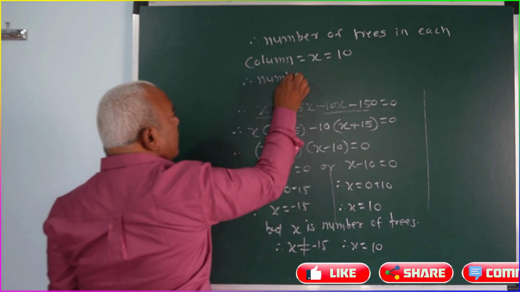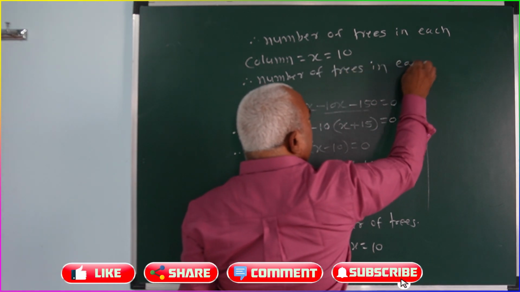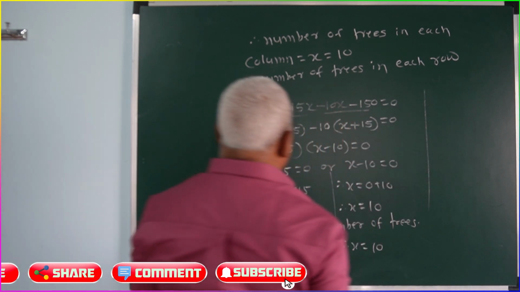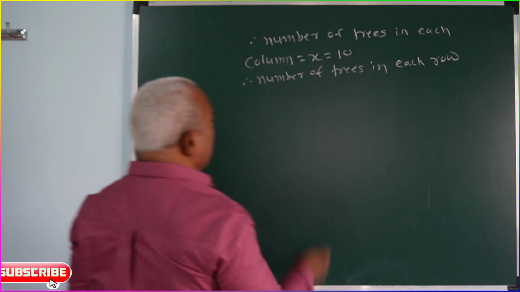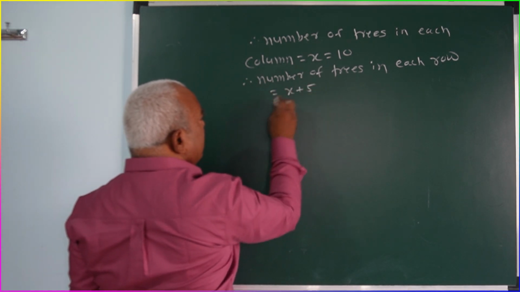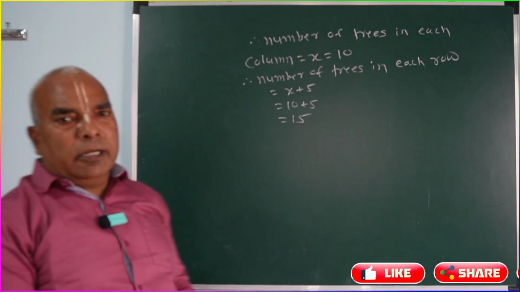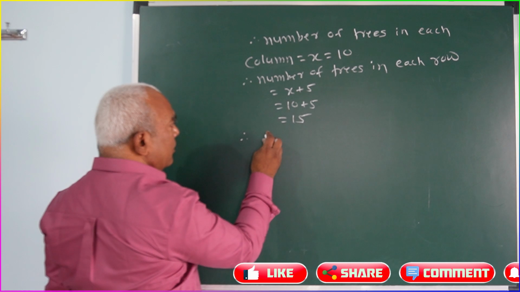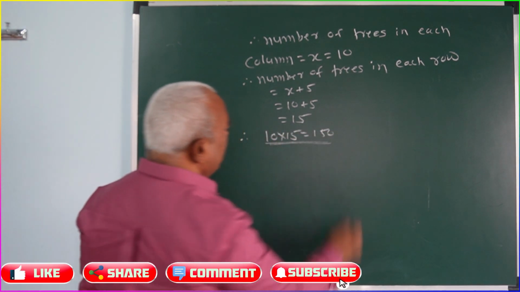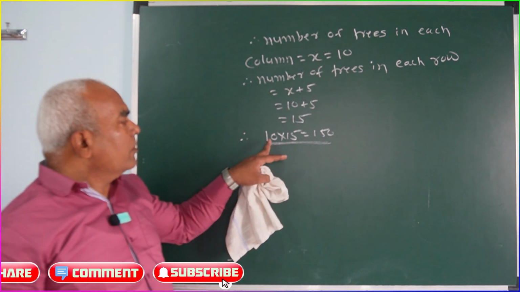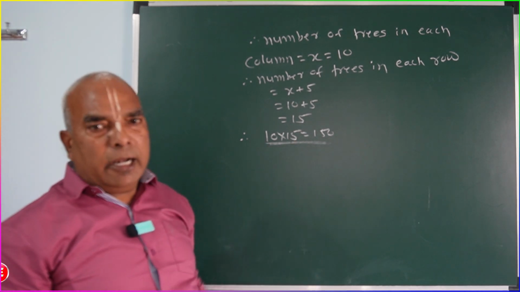Therefore, the number of trees in each row: how many trees are in each row? x plus 5, which means 10 plus 5 is equal to 15. There are 15 trees in each row. Therefore, see now here, 10 into 15, the answer coming is 150. Therefore, we can say that the answer is correct. The number of trees in each column is 10 and in each row 15. Total trees are 150.